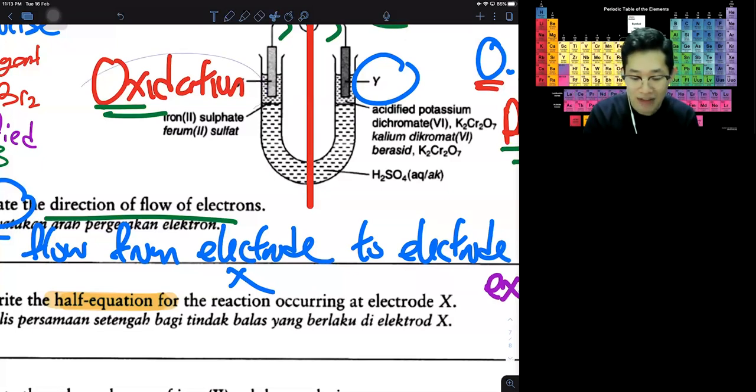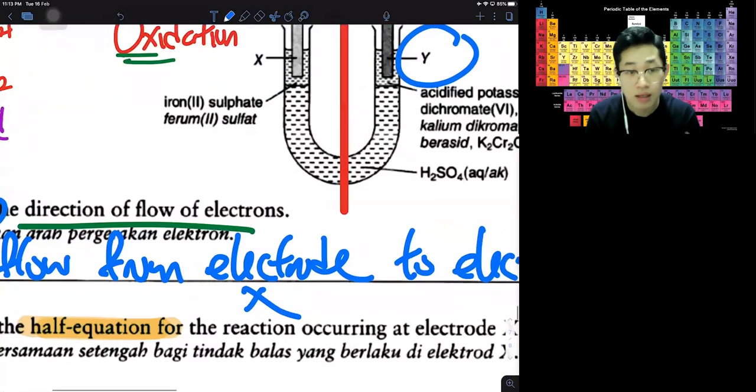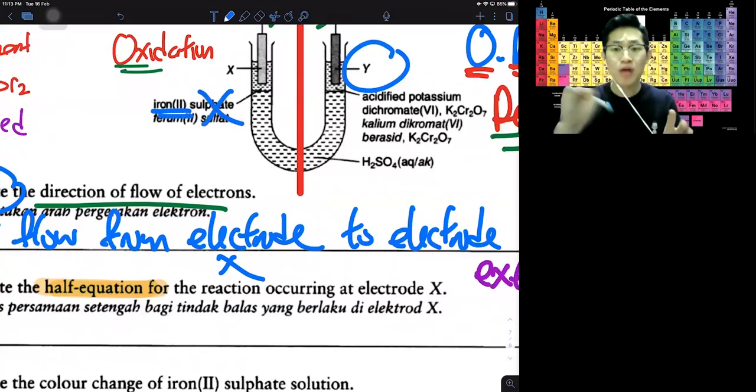How to write half equation? Iron 2 and sulfate. We will never write the half equation of sulfate.